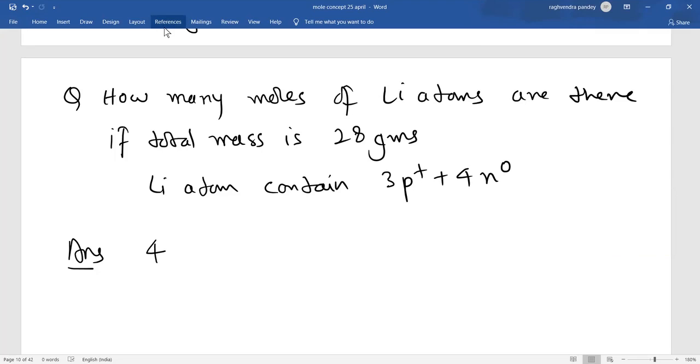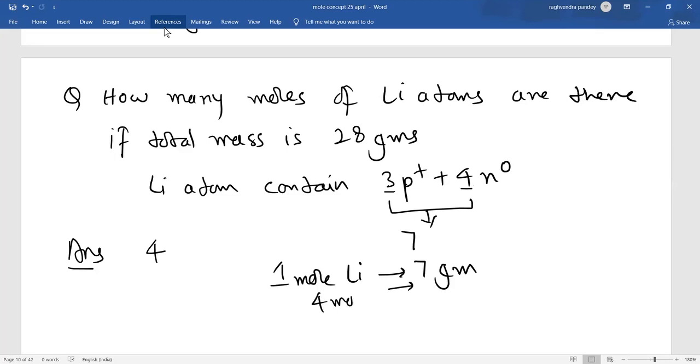Okay, so again, see 3 plus 4, number of protons and number of neutrons. So that is your 7, first thing. Now, 1 mole lithium will have 7 gram of mass. Got it? This number you have to see. 1 mole lithium has 7 gram of mass. 4 moles of lithium, multiplied by 4, will be 28.